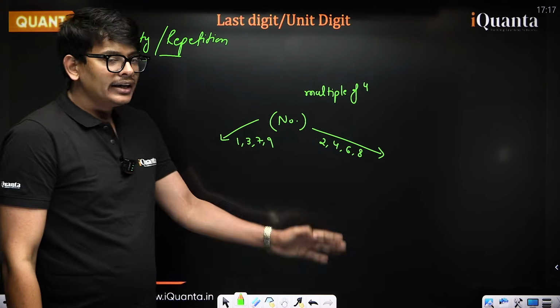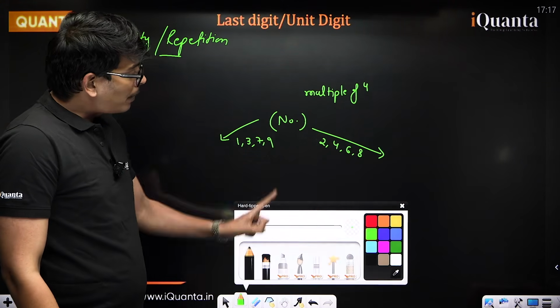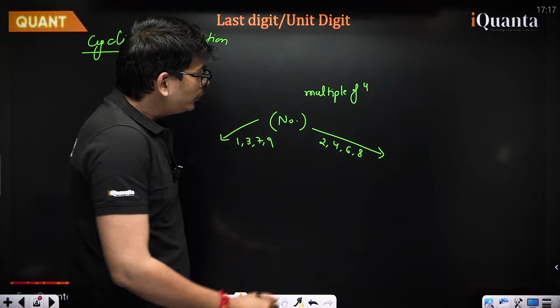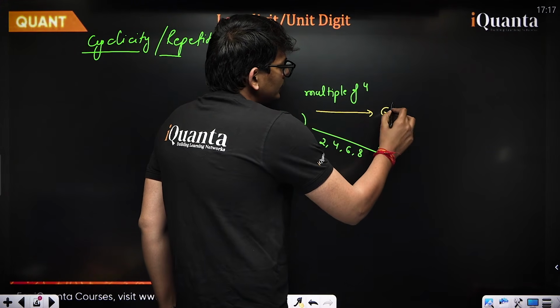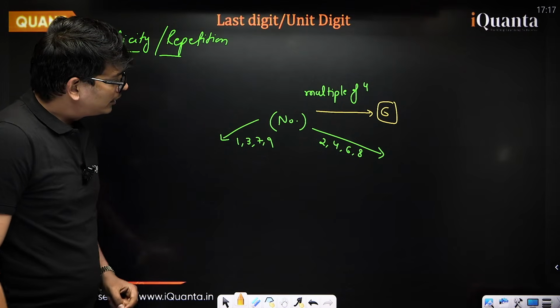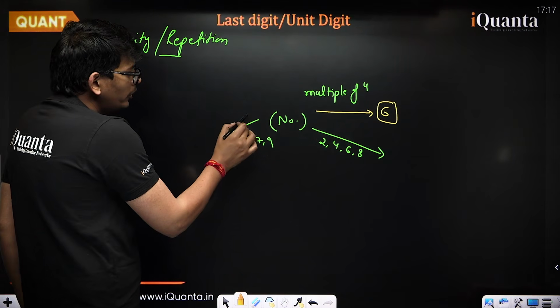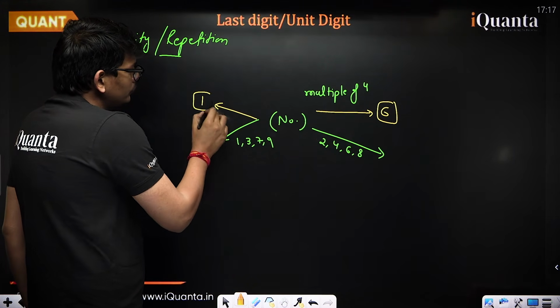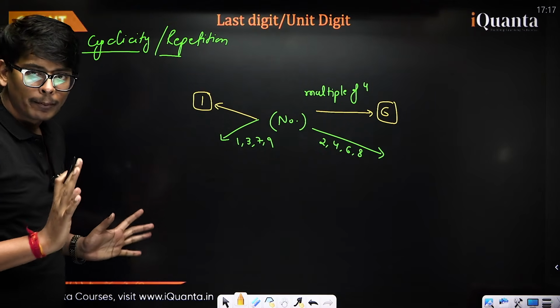If a number ends with 2, 4, 6, 8 and power is a multiple of 4, unit digit will always be 6. If a number ends with 1, 3, 7, 9 and power is a multiple of 4, unit digit will always be 1. This is a shortcut which you have to remember, right?